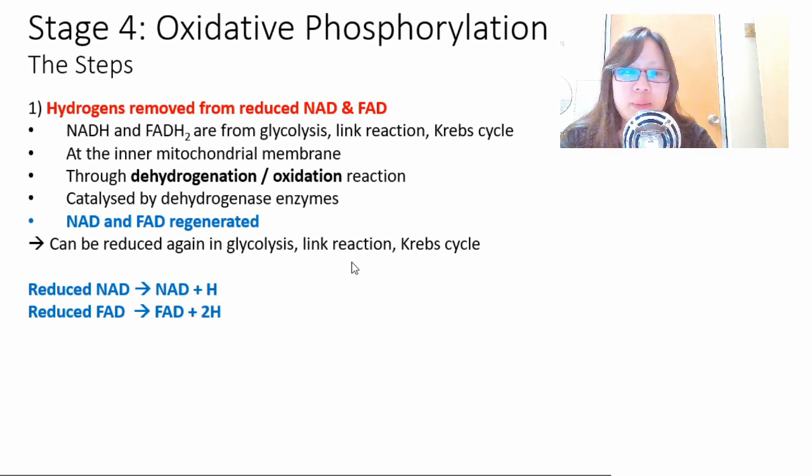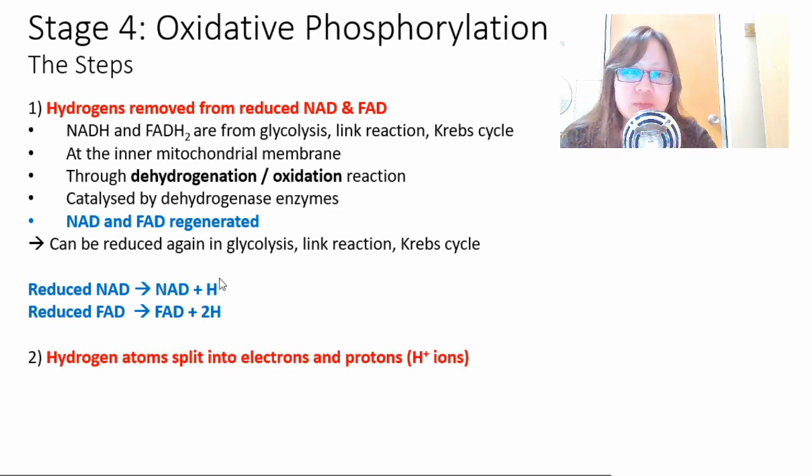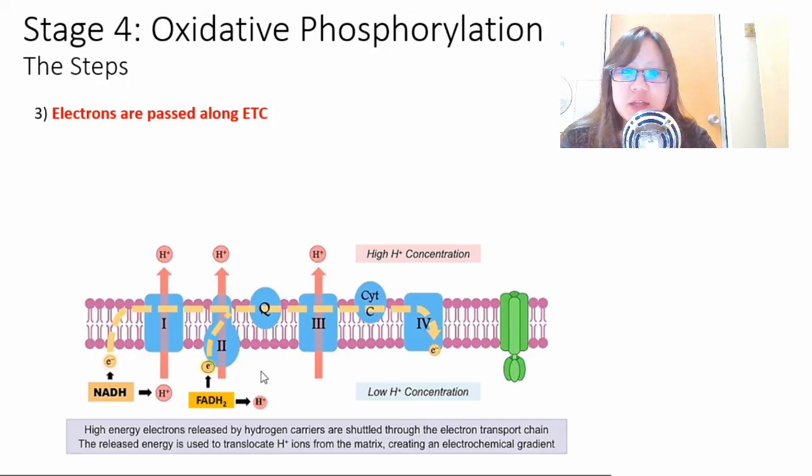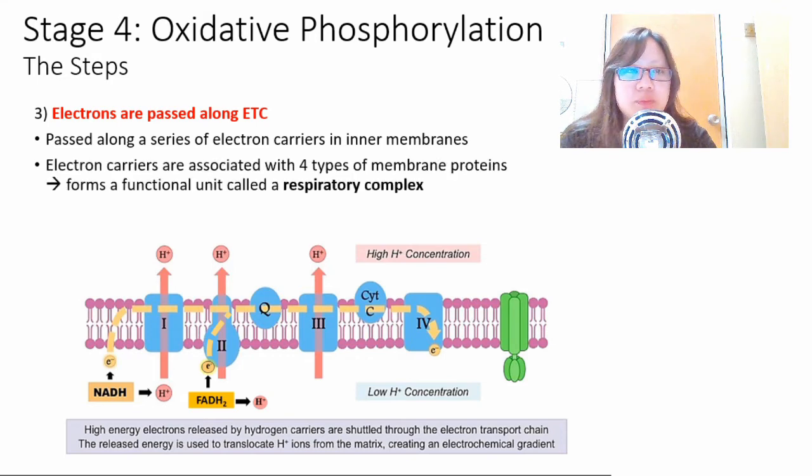Now, what happens to the hydrogen atoms? The hydrogen atoms that are removed from NAD and FAD are split into electrons and protons, or H+ ions. Different things happen to the electron and the proton. Let's talk about the electron first. The first thing the electron does is pass along the electron transport chain, which, as you can see here, is in the inner mitochondrial membrane.